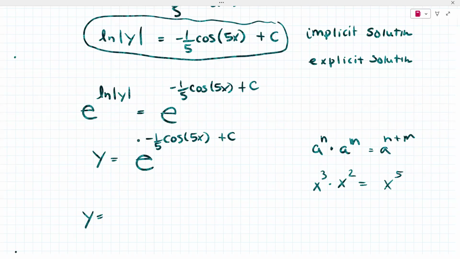So I guess you can break this into two separate e's. This part right here could be written as e to the negative 1/5 cosine of 5x times e to the c.